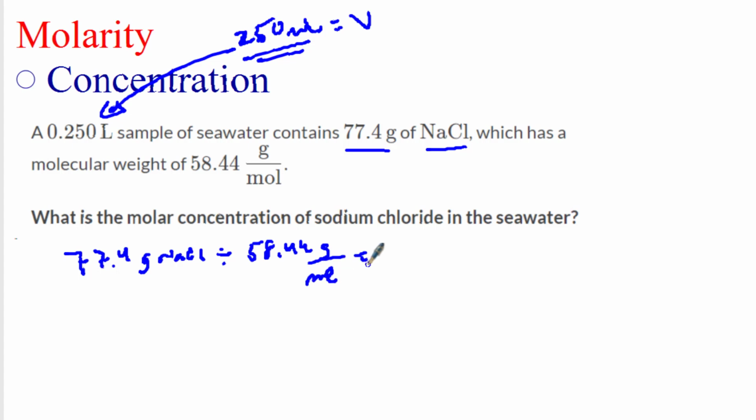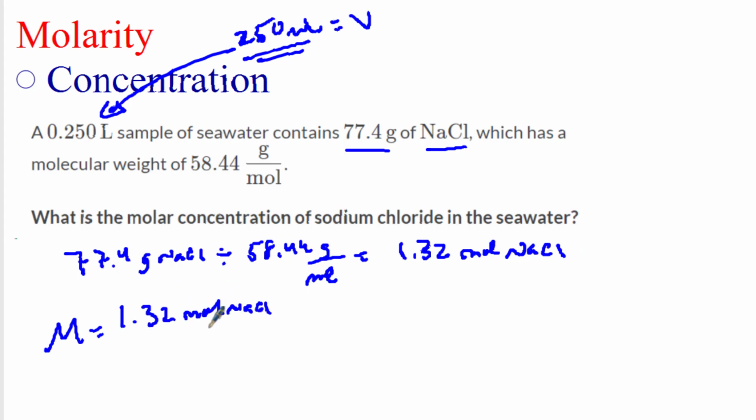Okay, so if we take 77.4 divided by 58.44, we end up getting 1.32 moles of NaCl. Then how are we going to find the molarity? We're going to take the moles of NaCl, 1.32 moles of NaCl, and we're dividing that into 0.250 liters of the water.